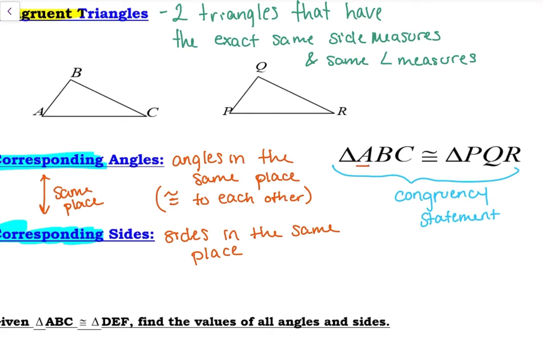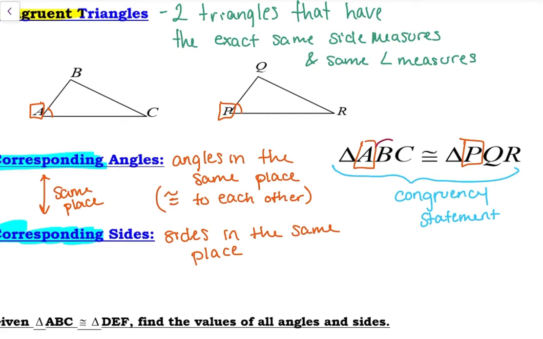So this point A on this triangle is corresponding with P on this triangle because they're both listed first. So that means that that angle and that angle are going to be the same.